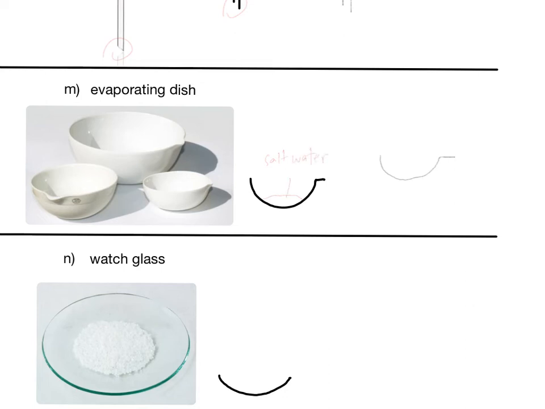So we'll put it onto the heat source and heat it, and eventually what is left would be the salt. Okay, so this material is made of ceramic. They are able to handle a lot of heat.